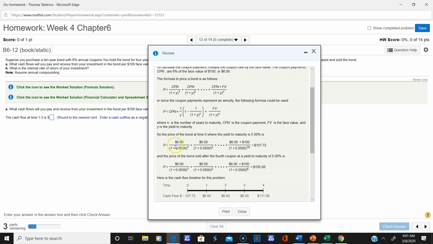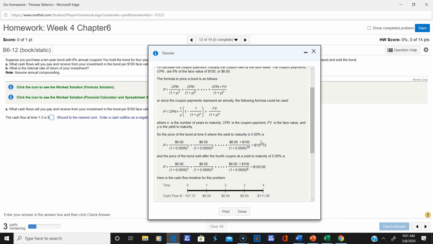Here are the coupon payments, and here you are getting your money back if you would have held it to maturity. So the current price at time T0 is 107.72. This assumes you're going to hold it for 10 years.